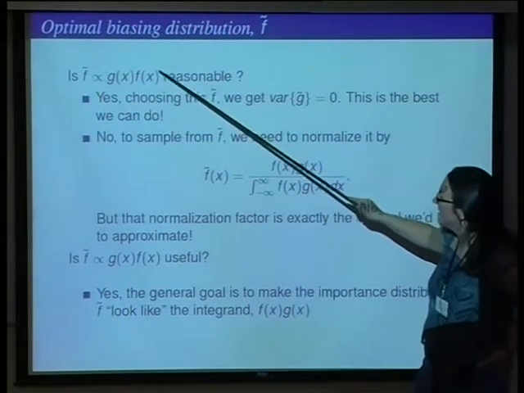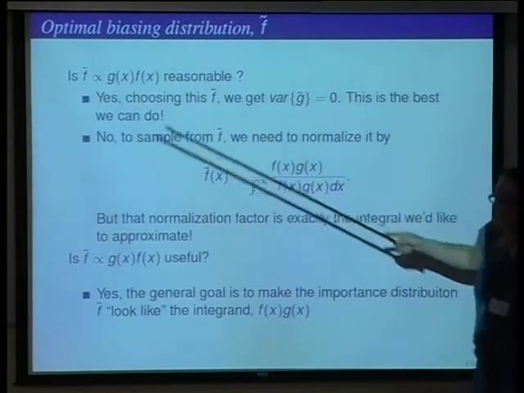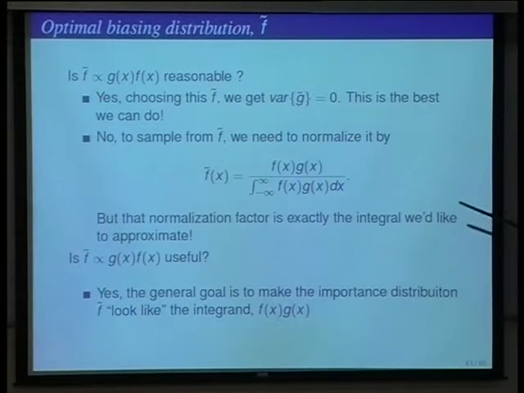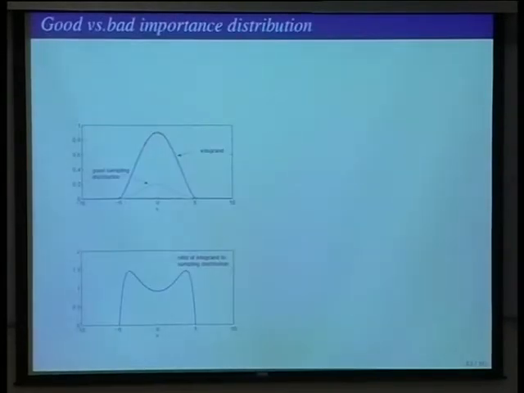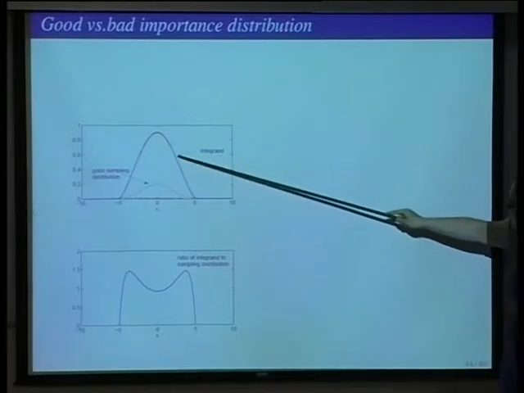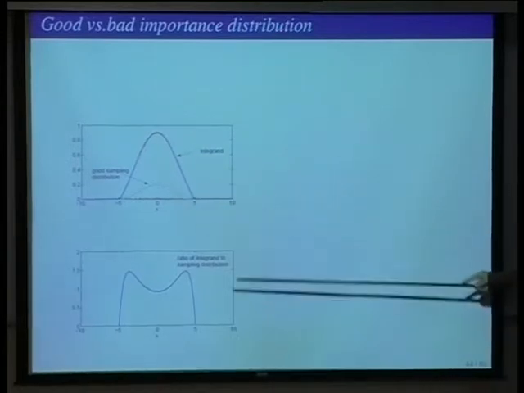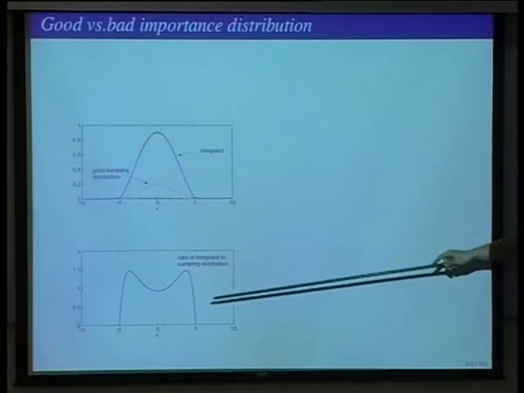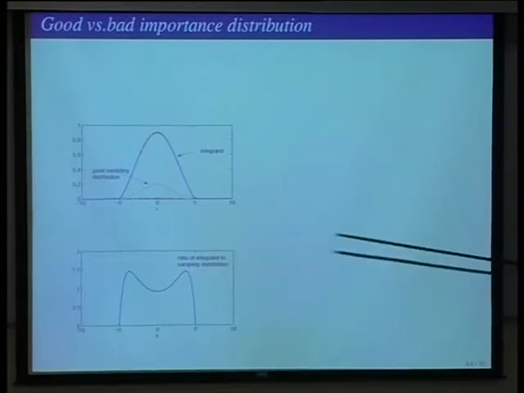This is my integrand, this is my sampling distribution. I'd like that ratio to look constant. If I take the ratio of this blue integrand to this sampling distribution, I don't get something constant, but it's a little bit constant and it's not too big.